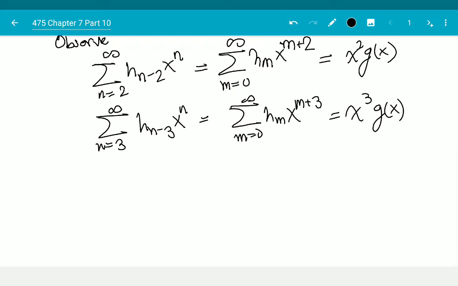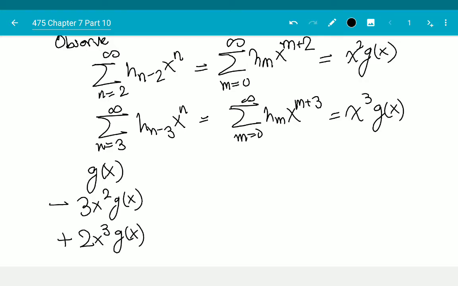And so if I go back and look at my recurrence relation, I am solving for g of x minus 3x squared g of x plus 2x cubed g of x.